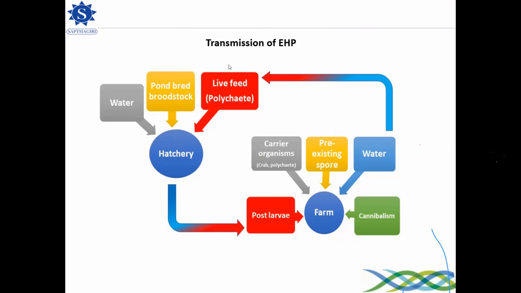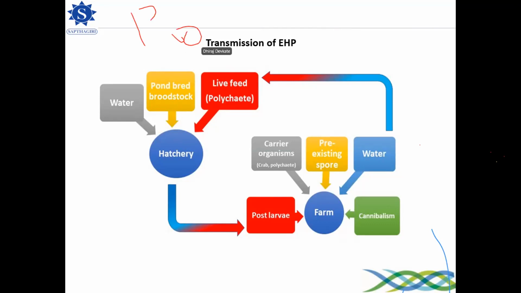In hatcheries, the main contamination source is live feeds like polychaetes, Artemia biomass, and oyster. Polychaetes are a natural carrier for EHP, because they are detritivorous organisms. They eat all the waste materials from the surroundings.